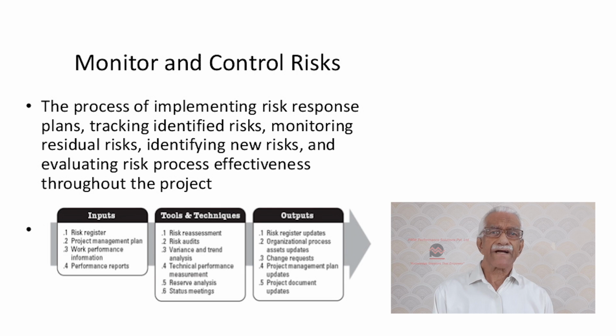Some important actions that we have to take are: number one, look out for risk triggers and be ready to implement the response plan as and when the risk occurs. Number two, identify new risks and close out old risks as new information becomes available. Number three, prepare new response plans as more and more information becomes available on the project as it progresses.